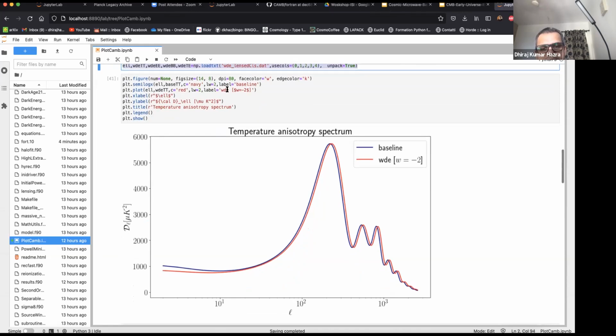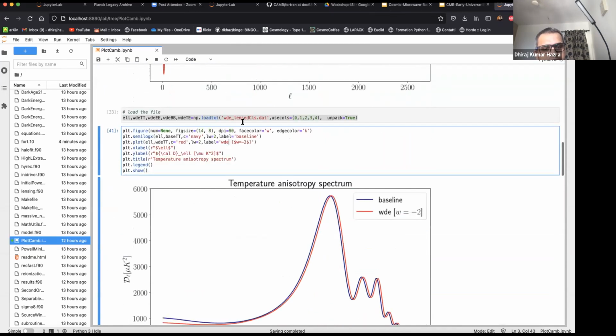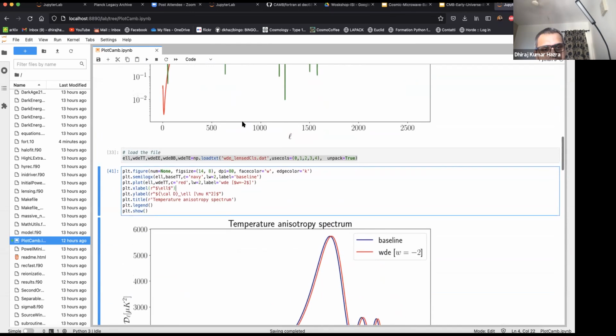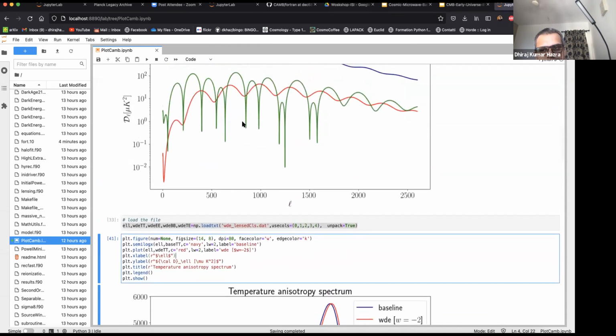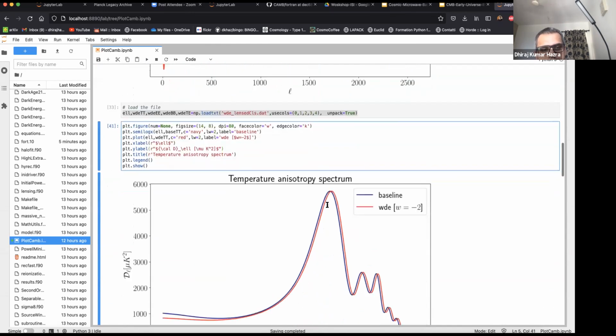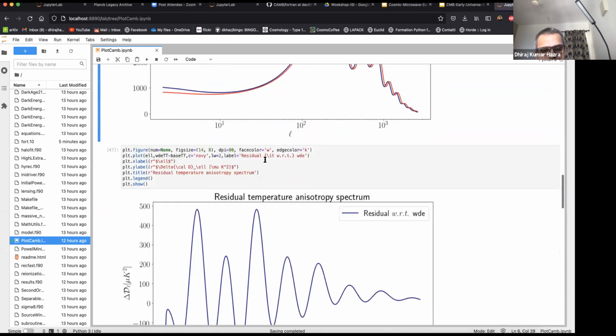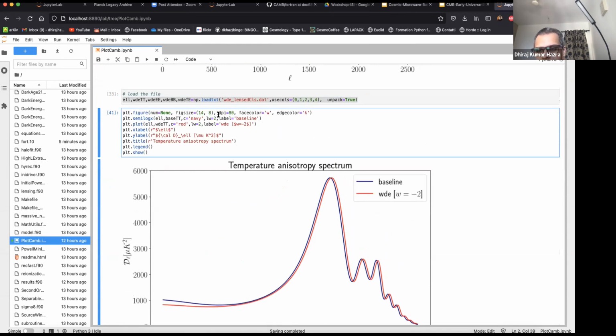Are you able to get this plot? Okay, good. You are able to get this plot in the Python notebook, right? There should be 33 yeses. Good, good, good.